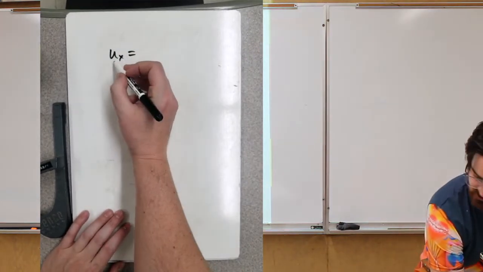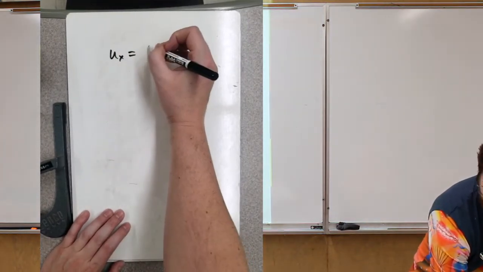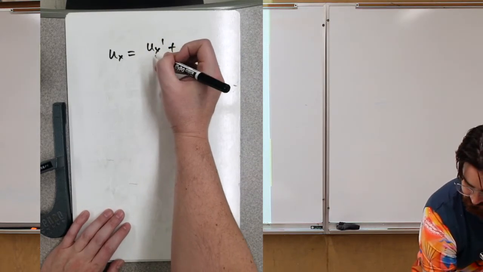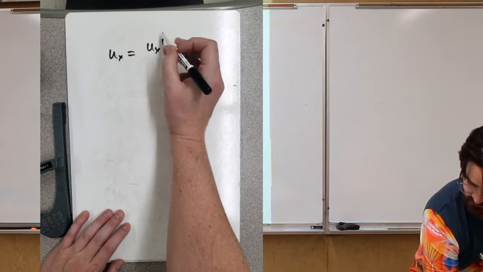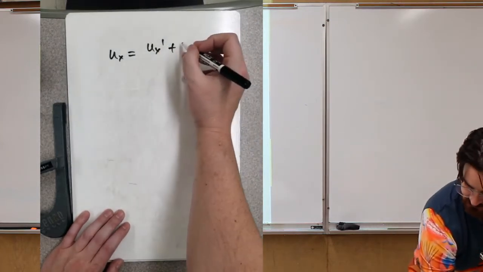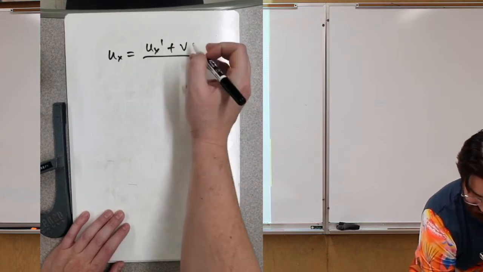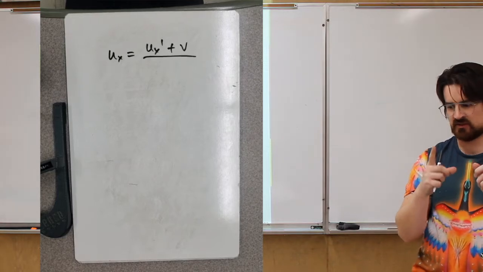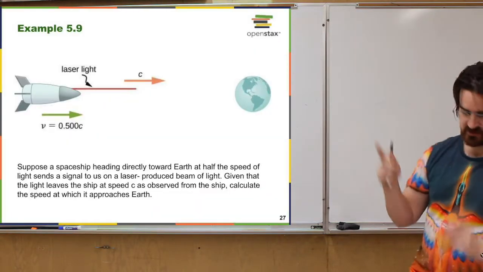So the velocity the person on the Earth is going to see, in a frame stationary relative to the spacecraft, is related to the velocity of the light in the spacecraft reference frame and the relative velocity of the person in the spacecraft here.